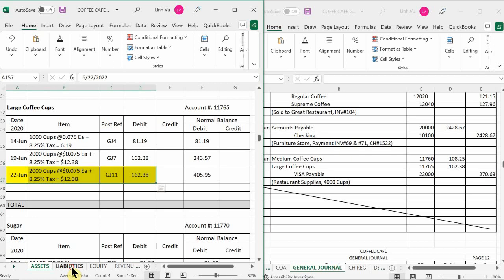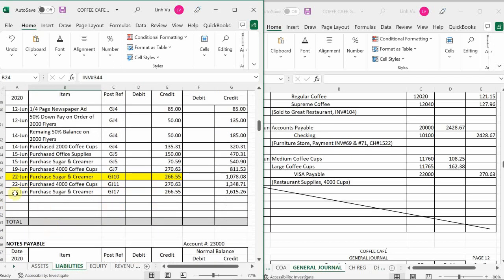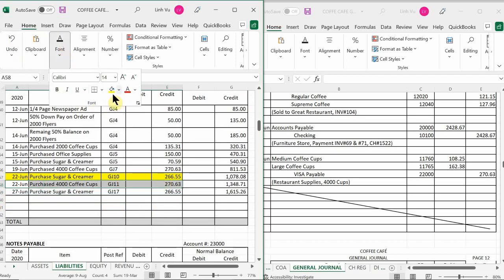Okay. And then we got the 270.63. Okay, so at least we know that's true.